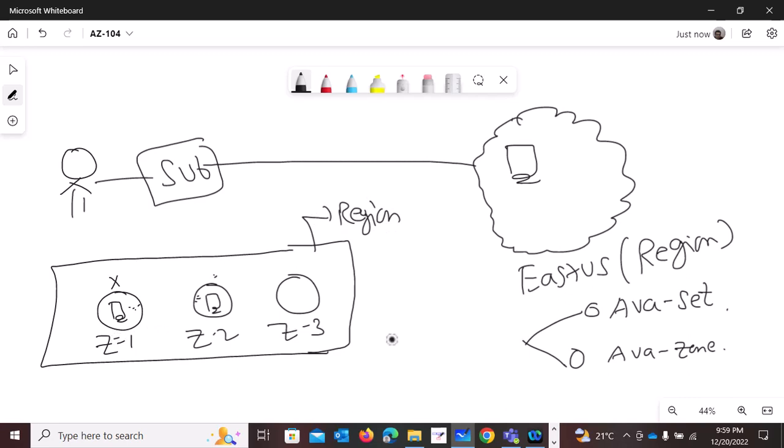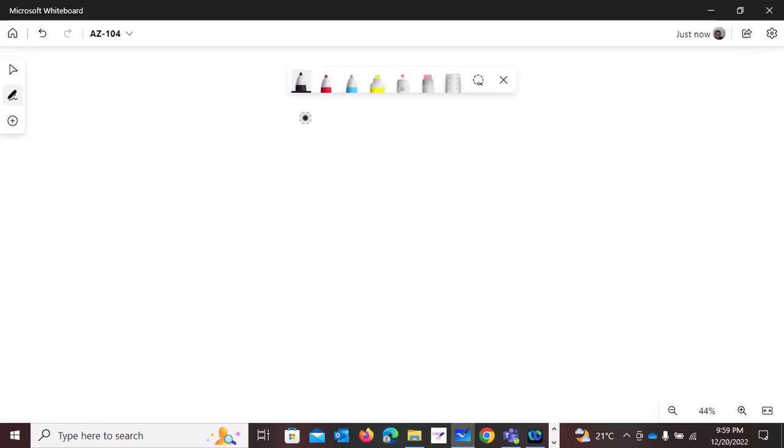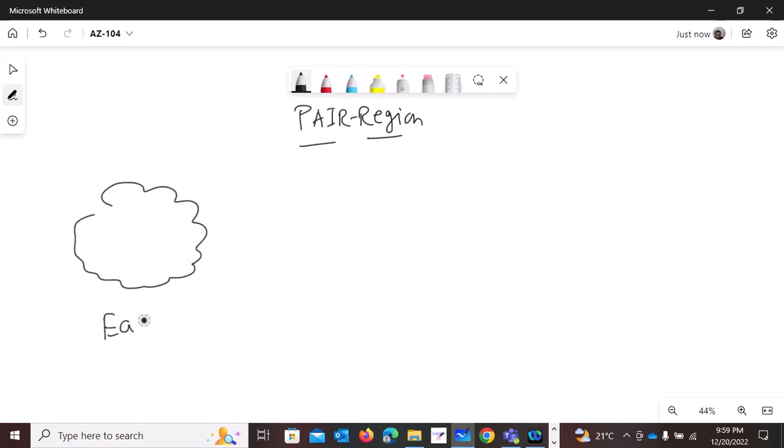Next point is paired region. So what is a paired region? I deploy something in East US, for example, storage.